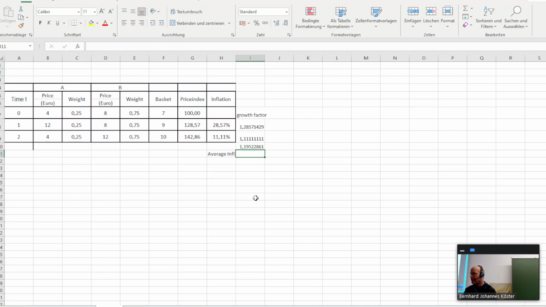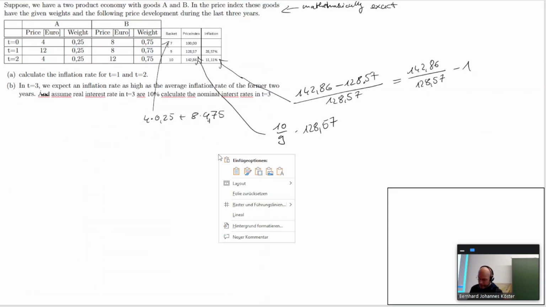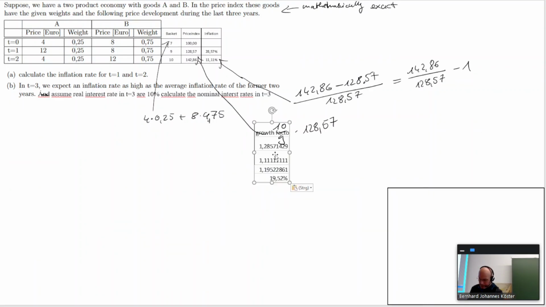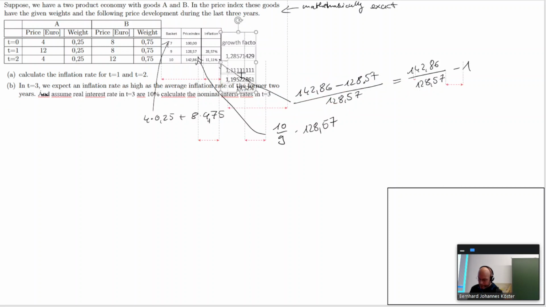Inflation factor minus 1, and here we do it in percent. This I also copy.